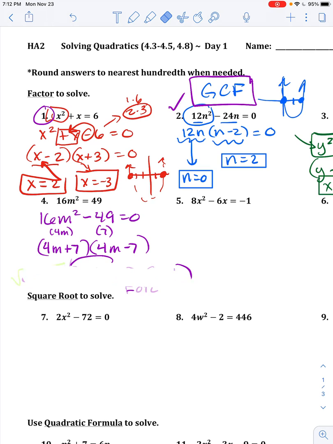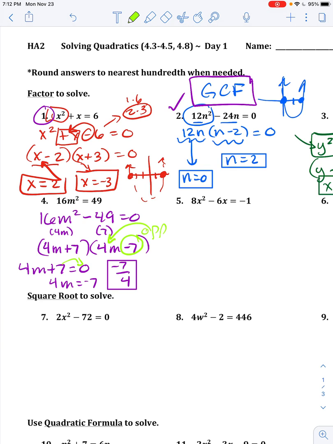And then in order to get those to equal 0, you can either write it out and then visualize that you'd be taking away the 7 and dividing by 4. Or you can start to realize that what's happening all the time is you end up taking the opposite of this number, because in the solving process, it gets moved to the other side, and then it goes over that number.